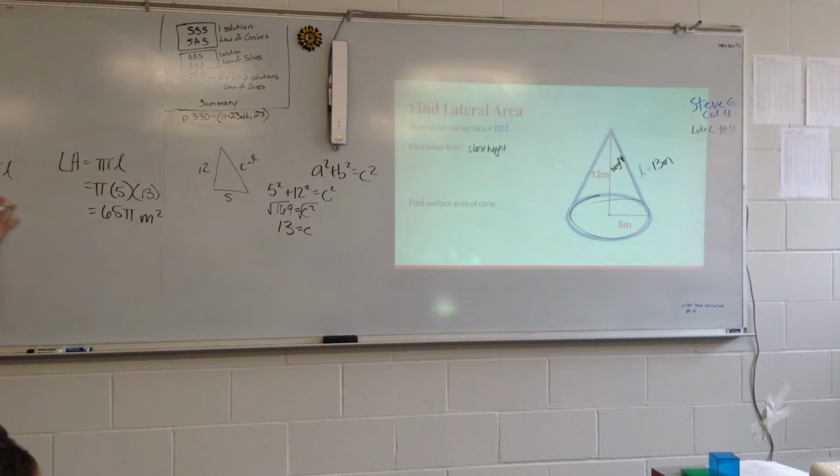Now, what did we find our lateral area to be? 65 pi. We already found that right here, right? So we're going to put in our 65 pi. 5 squared is 25. 25 pi plus 65 pi.